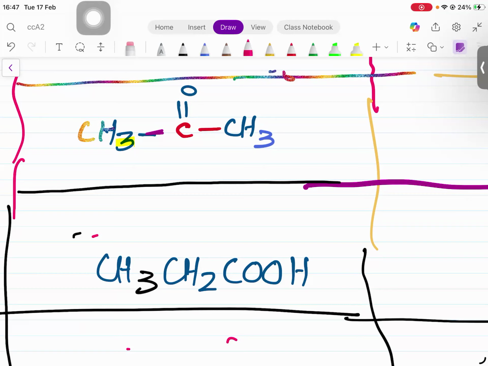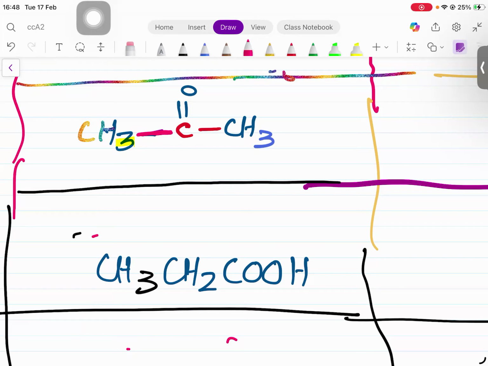How many peaks in carbon-13 NMR spectrum for this compound? Hello, are you there? Can you hear us? Your voice is cutting out a lot. Can I rejoin? Yeah, do it.